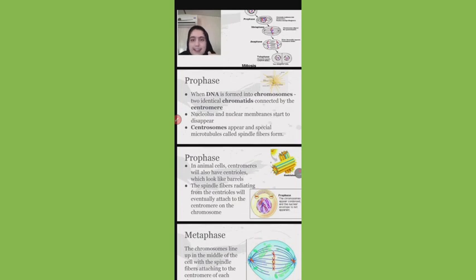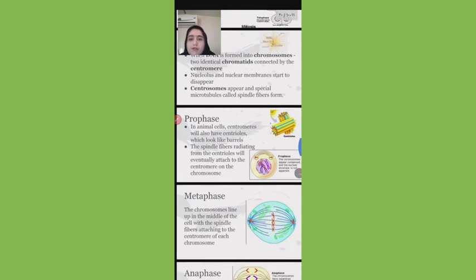DNA is formed into chromosomes, two identical chromatids connected by a centromere. The nucleolus and nuclear membrane start to disappear, centrosomes appear, and special microtubules called spindle fibers form.